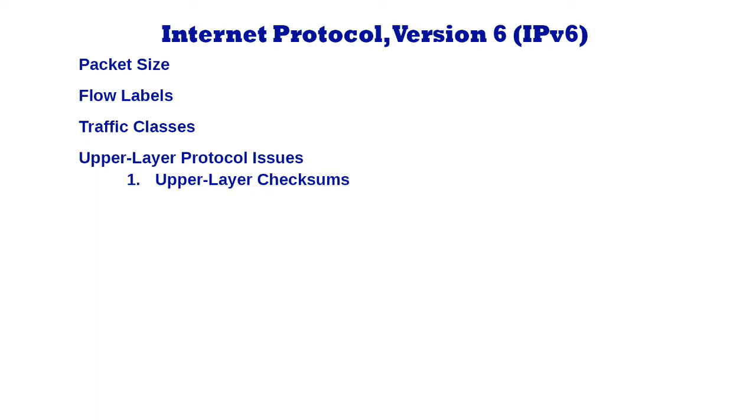The IPv6 version of ICMP, that is ICMPv6, includes the above pseudo-header in its checksum computation. This is a change from the IPv4 version of ICMP, which does not include a pseudo-header in its checksum.